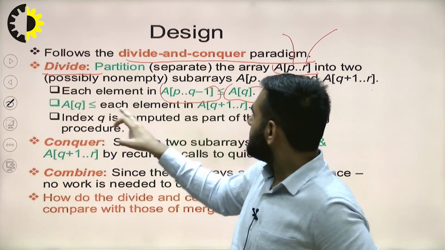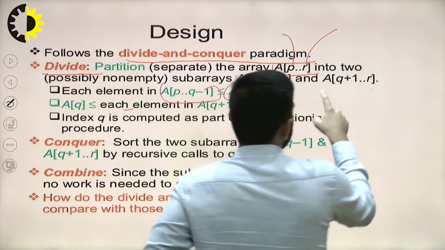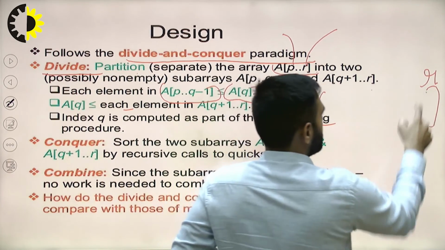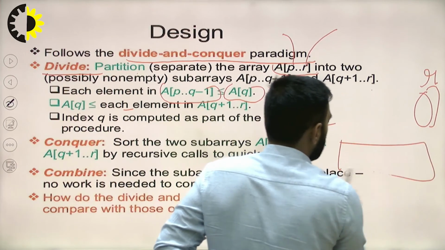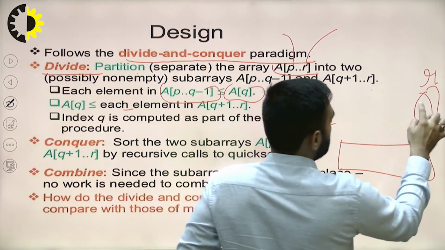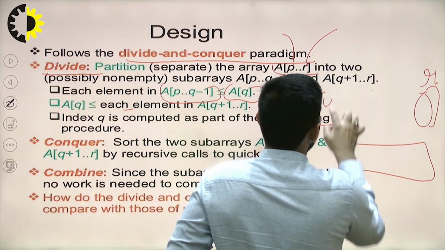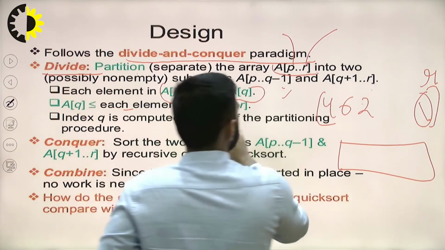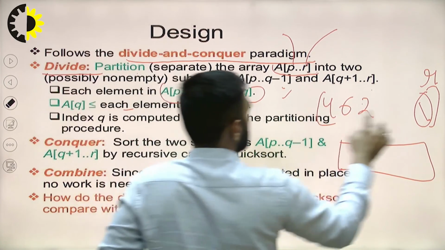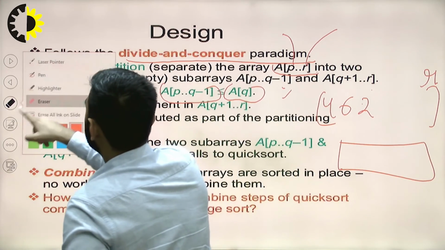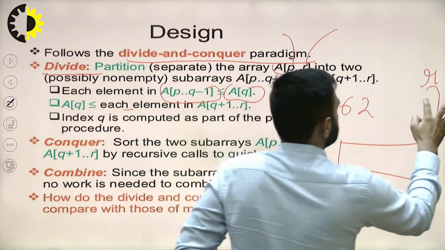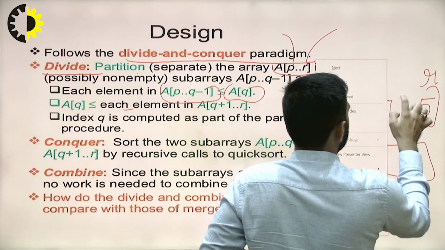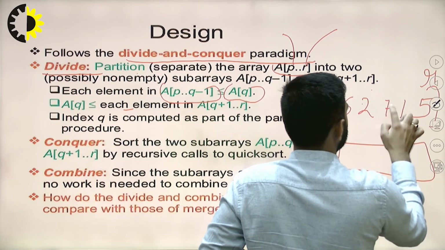Now, each element, that means suppose in the given array I have taken a pivot element, this R, the last element. So after the first partitioning algorithm, the pivot will reach its last place. Suppose it is some numbers like 4, 6, 2, 5, 7, 1.